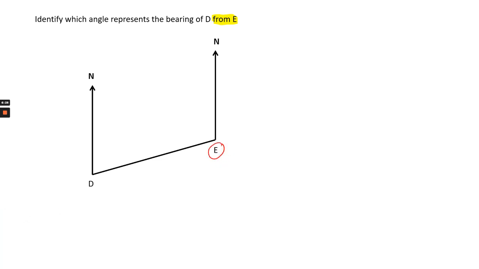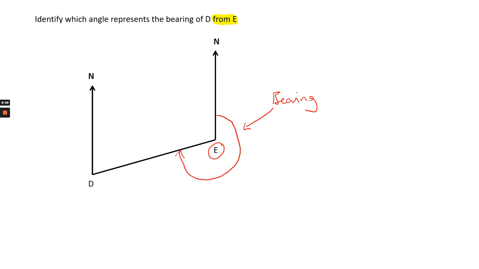I'm going to circle E because it's from E, and that means that where north is at E, clockwise, I need to go round until I point towards D. And so this is the bearing of D from E. Now I'm not interested in this smaller angle here because I have to measure clockwise.